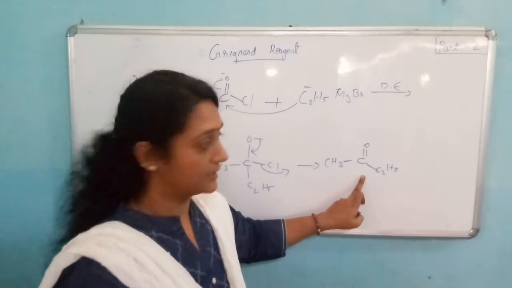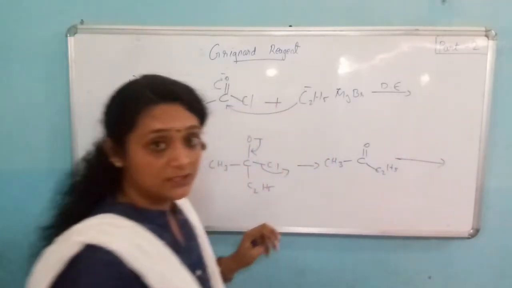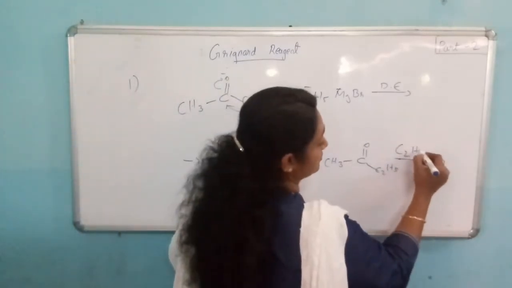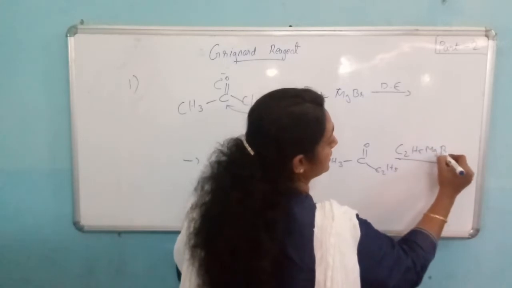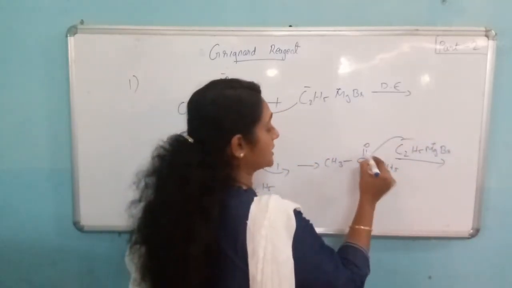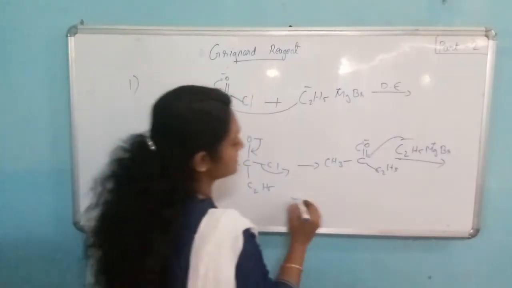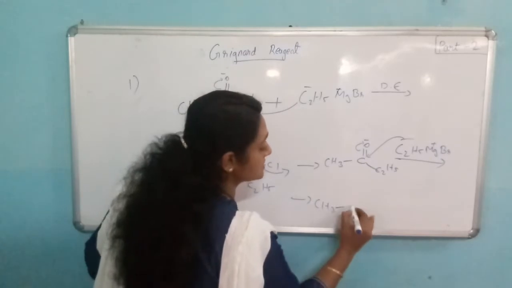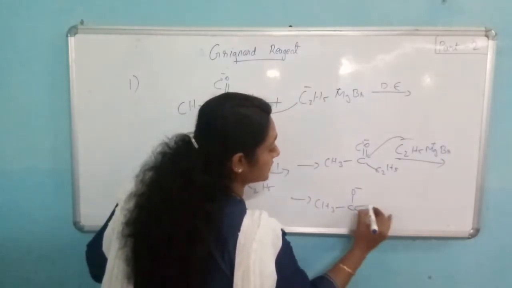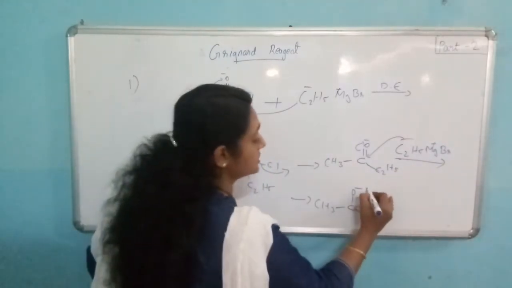Ketone is a highly reactive substrate, and again combines with another equivalent of Grignard reagent C2H5 MgBr, Mg plus, C2 having a minus sign. Again it reacts with the carbonyl carbon, oxygen gets a minus charge and results in the formation of CH3 CO minus C2H5, and again C2H5 and MgBr.